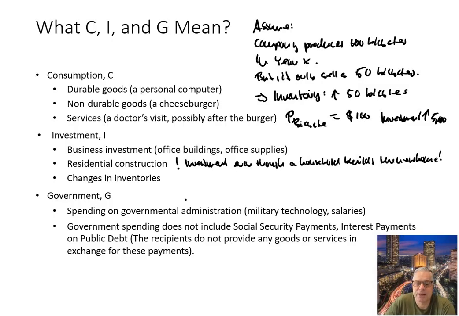So that is all considered to be government spending. And this is important, government spending does not include social security payments or interest payments on public debt.